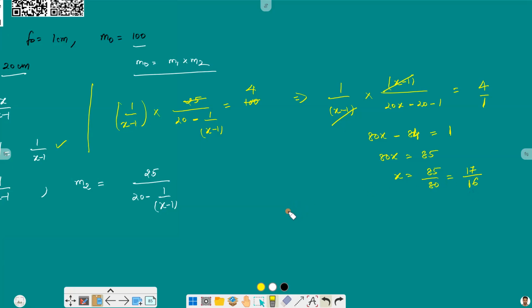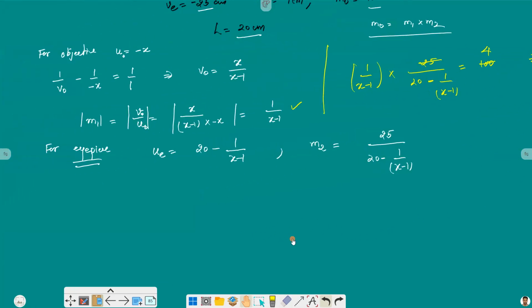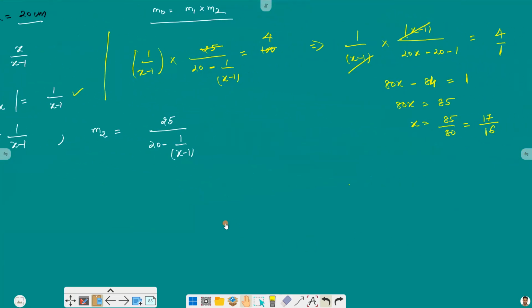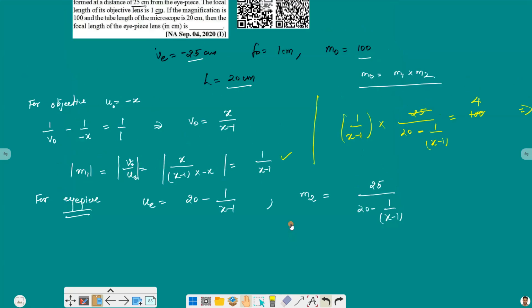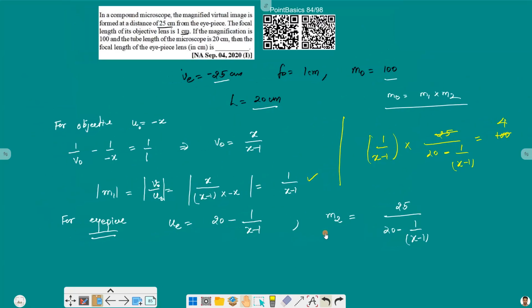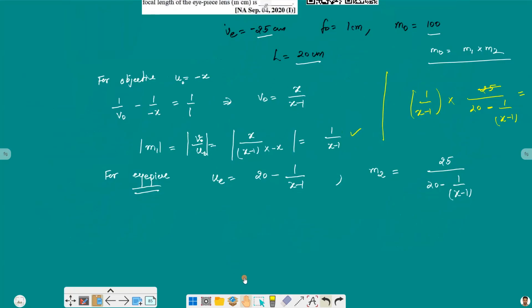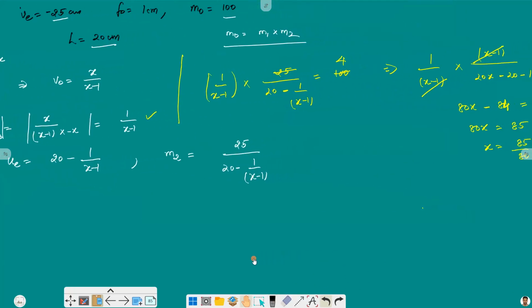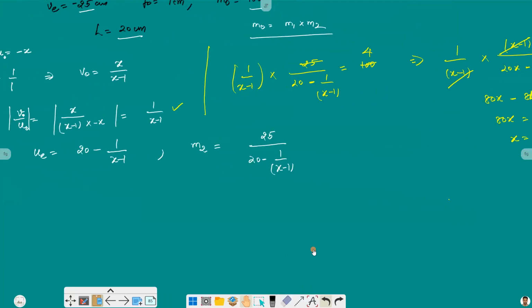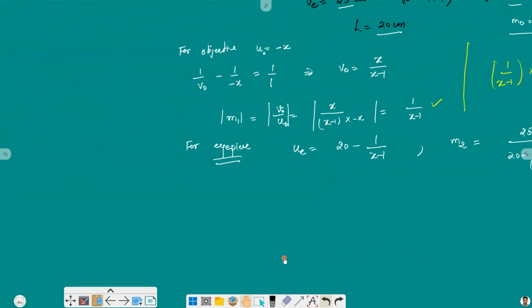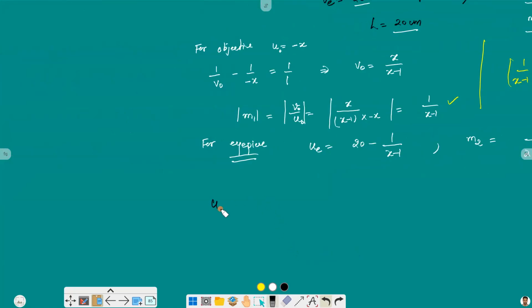Now we can come back here. We have X, that is 17 by 16, and what we have to find is the focal length of the eyepiece. So we can substitute the value of X, which is 17 by 16. So U_E will be 20 minus 1 by 17 by 16 minus 1.